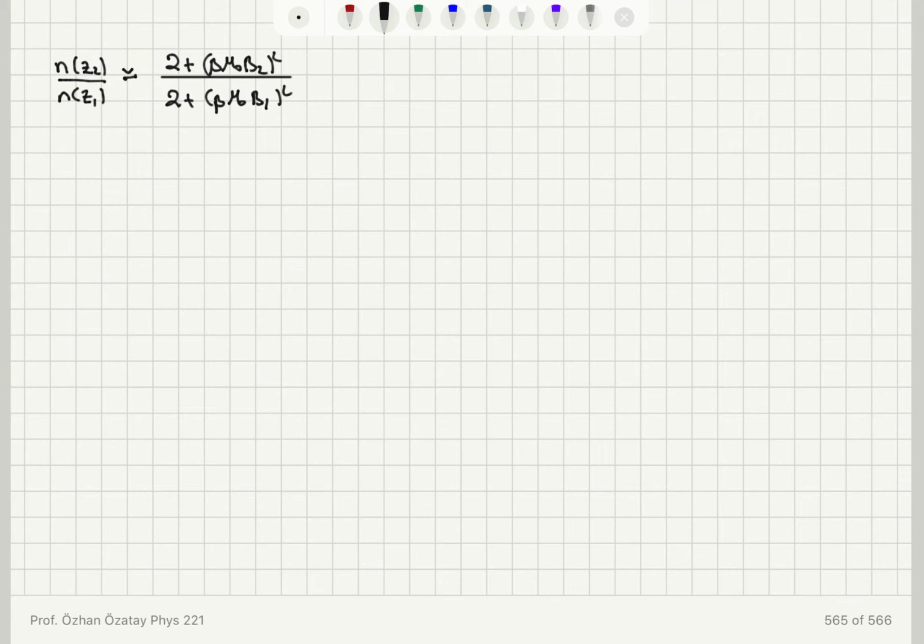This one I can write, if I take it into parentheses, as (1 plus 1 half beta mu 0 b2 squared) multiplied with (1 plus 1 half beta mu 0 b1 squared) to the power minus 1.